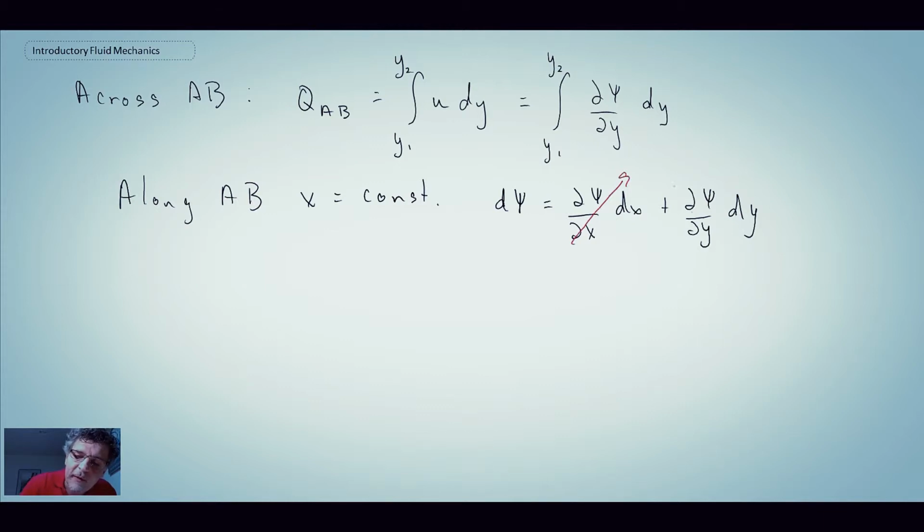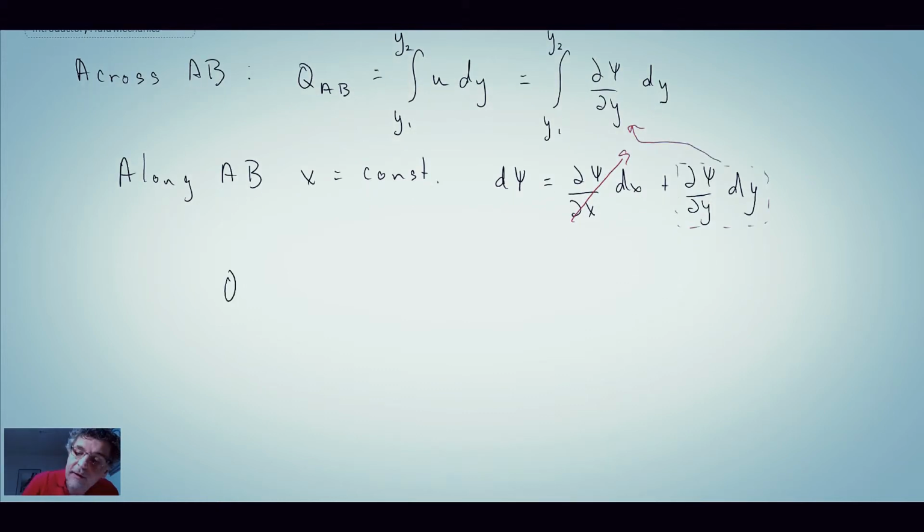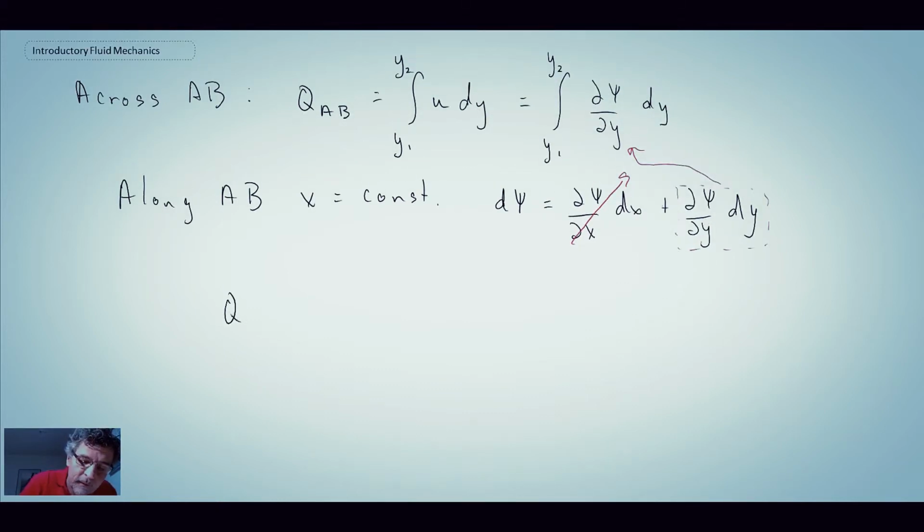And the other thing to notice is that this term here is actually the term that is in our integral up there. So we're going to make a substitution. And what we then obtain is QAB, it's the total derivative of psi. And when you integrate that, you get psi at 2 minus psi at 1. So what that shows is the volumetric flow rate is just the difference between the two stream function values.